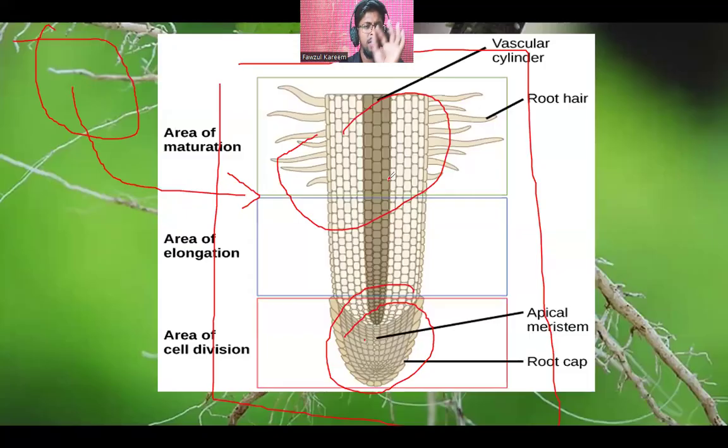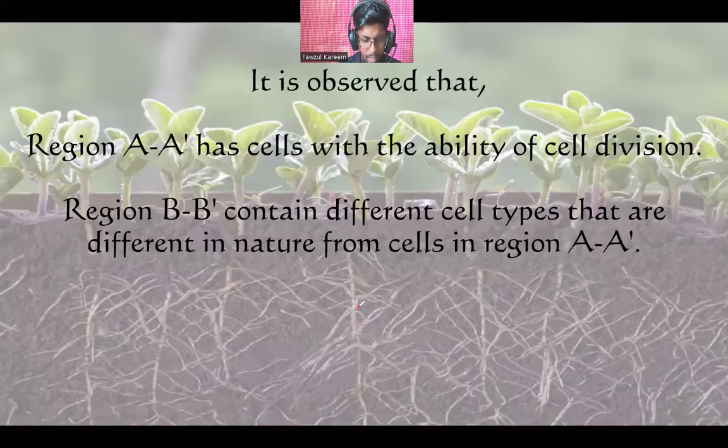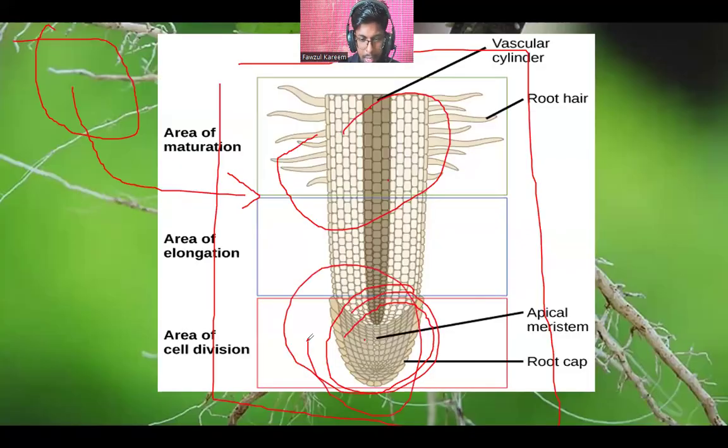So the reason, listen very carefully, is that in this area there is a tissue that has the ability for cell division. So they will do cell division.